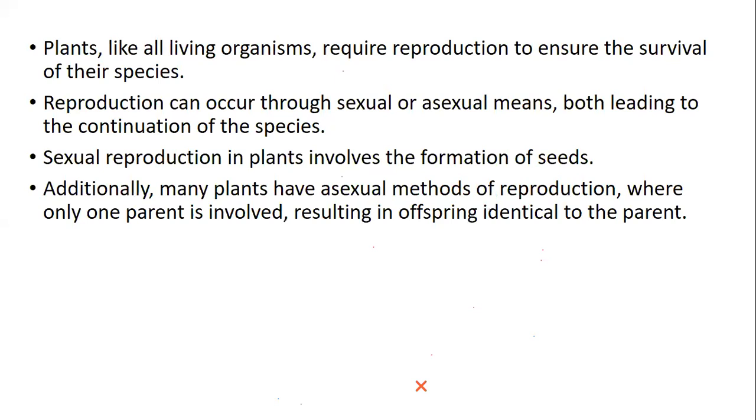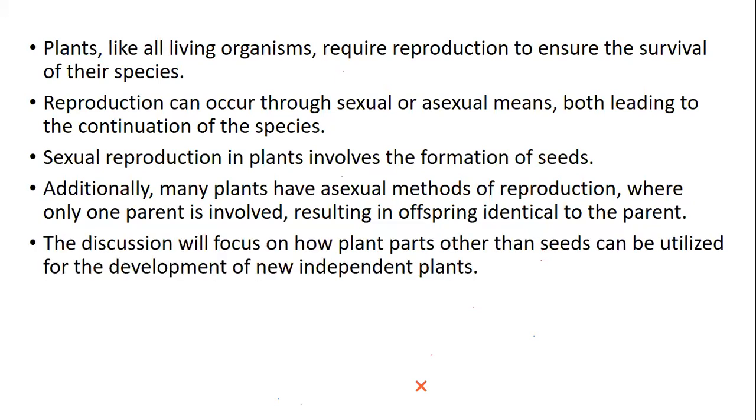Additionally, many plants have asexual methods of reproduction where only one parent is involved, resulting in offspring identical to the parent. And so our discussion focuses on how other plant parts, other than seeds, can be utilized for the development of new independent plants. So that is just a summary of what we have been discussing thus far.